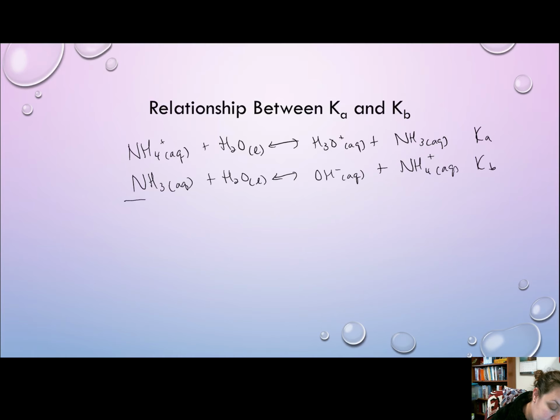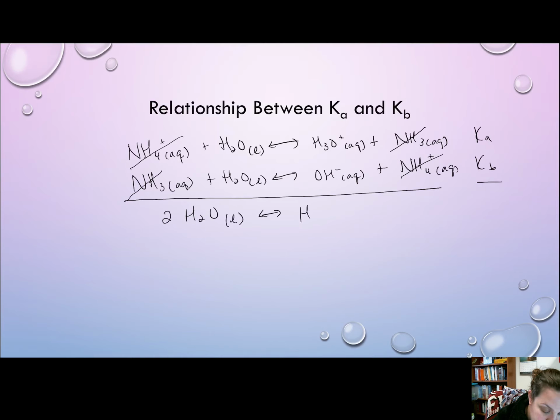If we combine these two equations and then we combine our K's for this, we see that we cancel out our ammonia, cancel out our ammonium, and what we get left with is two water molecules dissociate to produce hydronium and hydroxide.